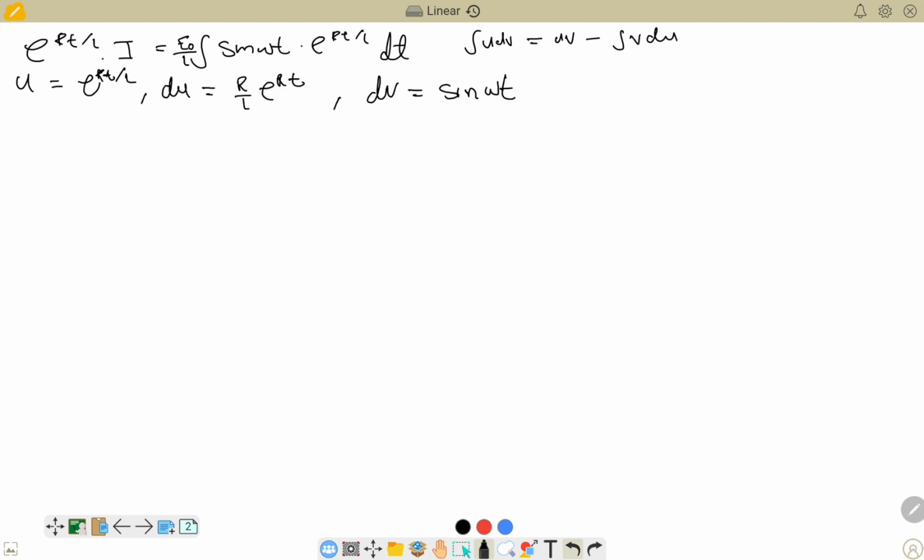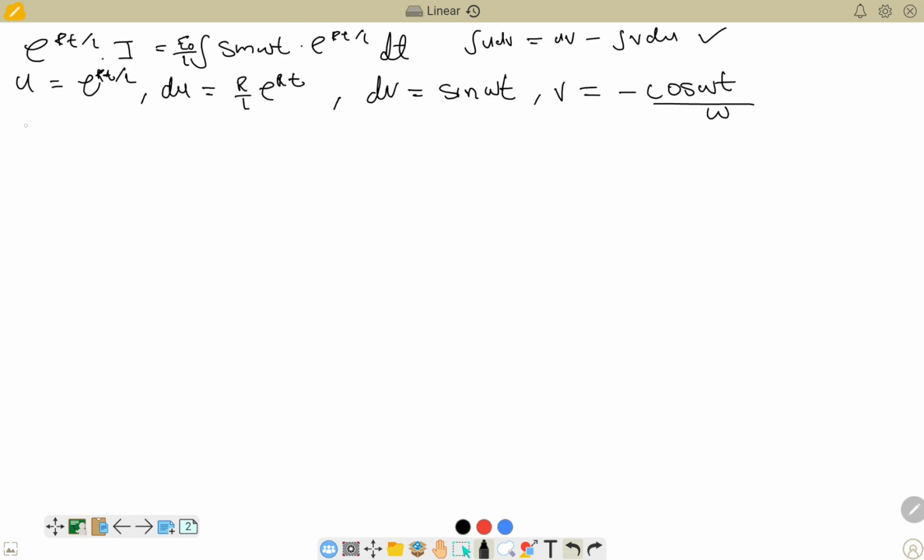This W, I think it's omega, but let's just use W. Then V is going to be negative cos Wt over W. So we have solved everything that we need to plug in that formula there.